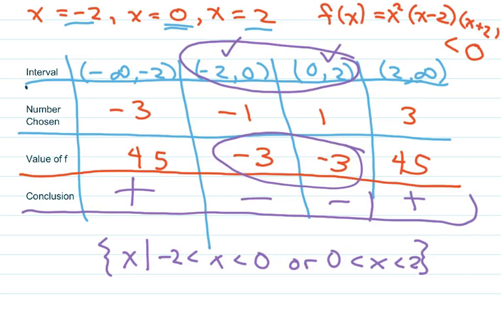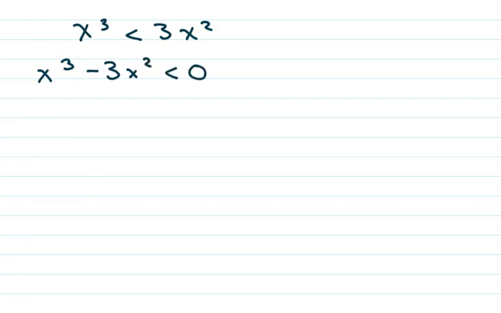Alright. Now for the next one we have x cubed is less than 3x squared. So I move everything over to the left side. And that means we want all negative values. I factor out x squared. It's very similar to the one we just did.